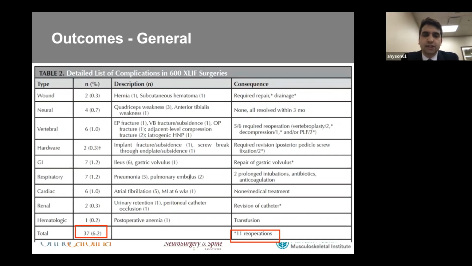But additionally, there were endplate fractures and other implant issues that required reoperation. Of note, the neural complication, which is frequently cited as the most common complication of this procedure, only occurred in 4 patients, at a rate of 0.7%. It was quadriceps weakness and anterior tibialis weakness, and this all resolved within 3 months.